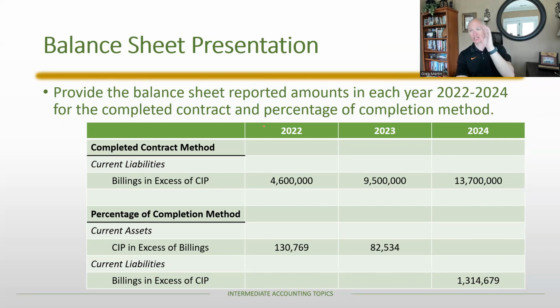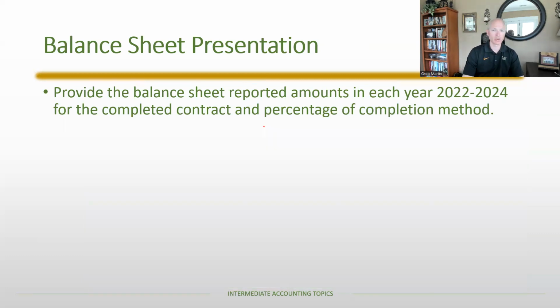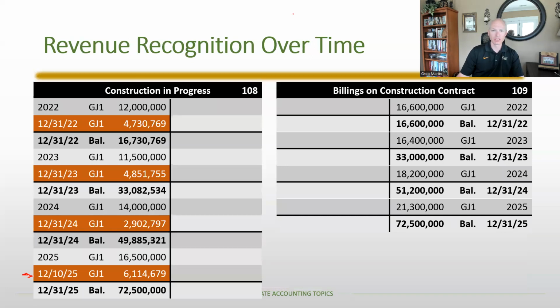If the construction in progress is more, then the net is reported as a current asset. And so when we look at the billings, let's just take 2022, because that's easy to see, we can see that under the completed contract method, at that point in time, the billings were more than the costs, right? We know that to be true. So that would be a current liability.